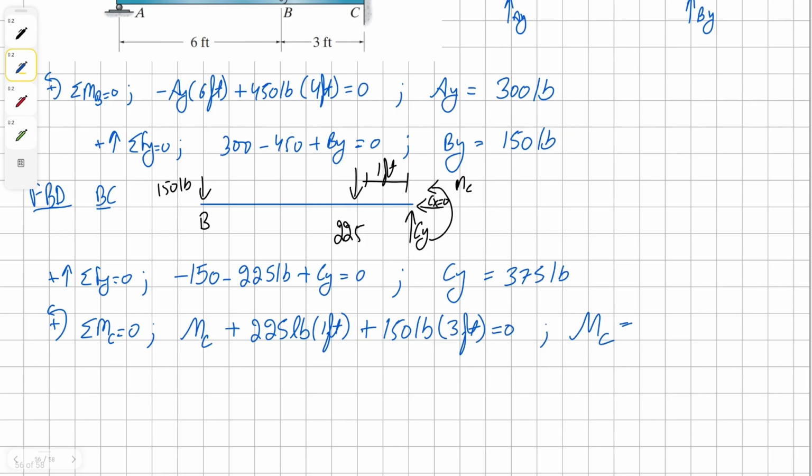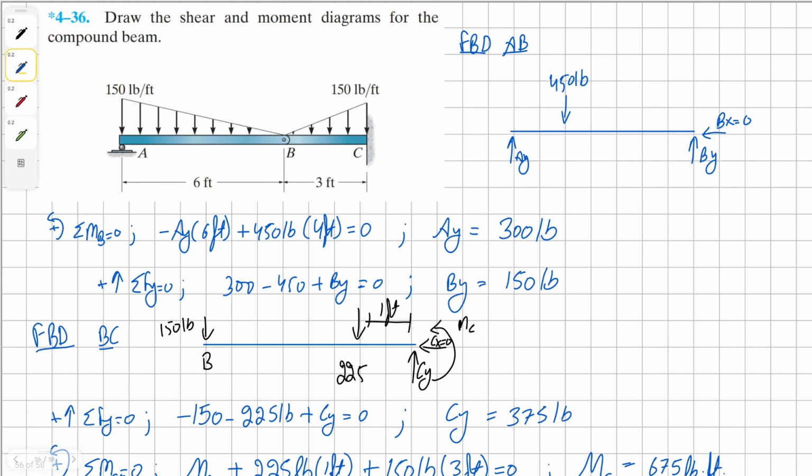Solving for moment C, we're going to have a solution as 675 pound-foot. Alright, now we have all the required forces and reactions we needed. Now we can start drawing our diagram, and then we'll proceed with the equations if we need to.